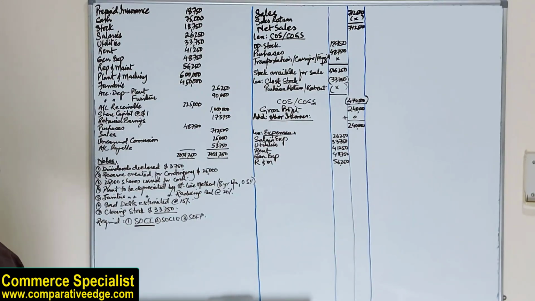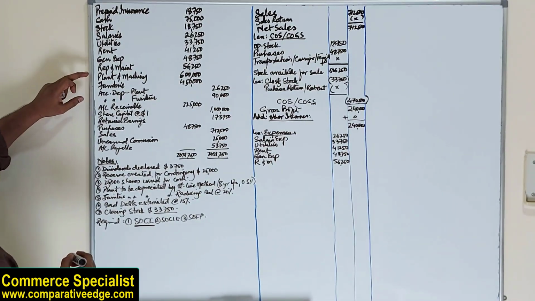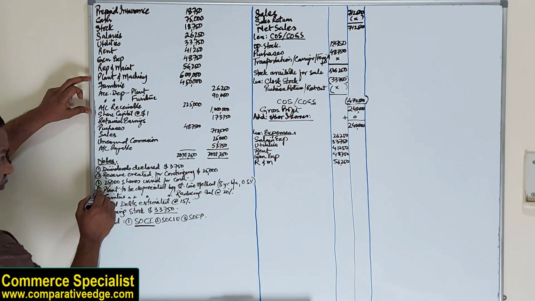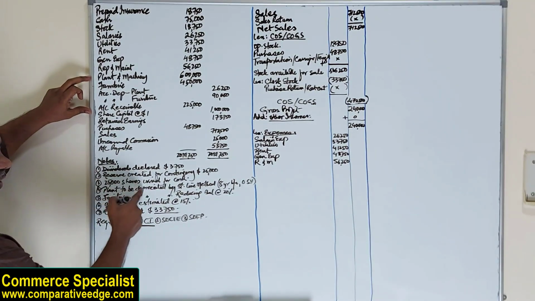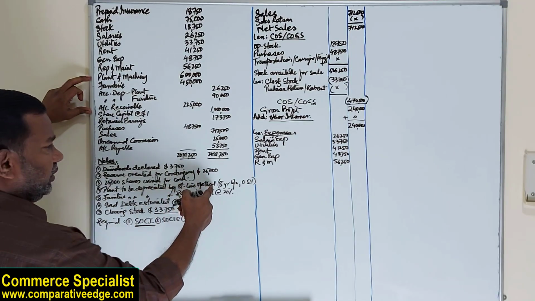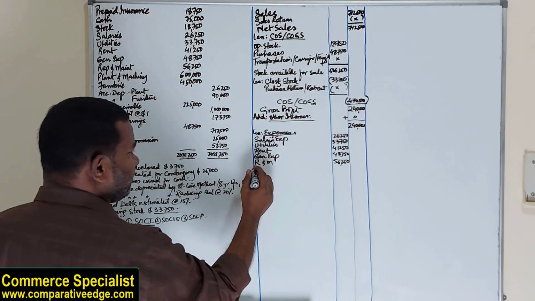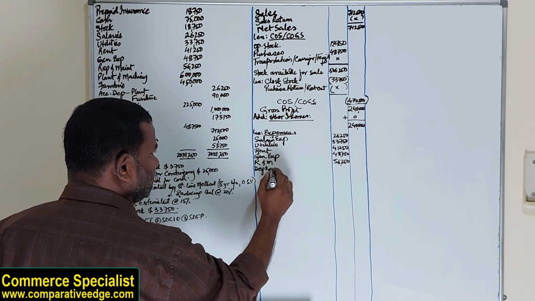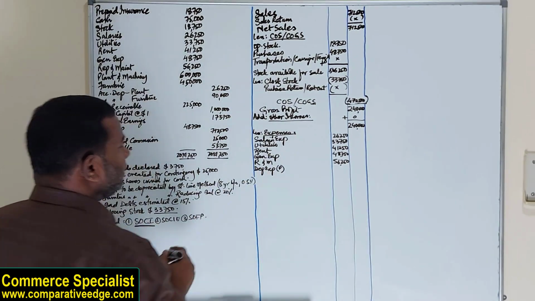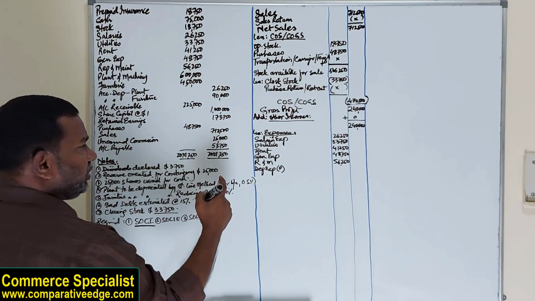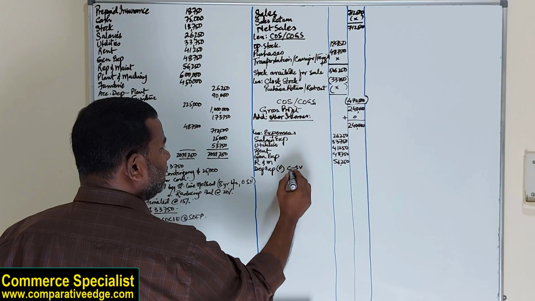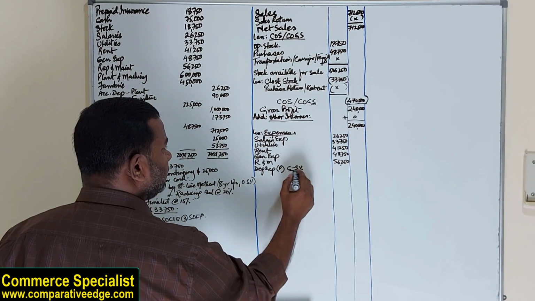Then we have plant and machinery. So obviously there will be depreciation. If you look at note number 4, it says plant to be depreciated by straight line method. So there is a formula. Let's write here depreciation expense on plant. Now understand straight line method, the formula is cost minus salvage value divided by life.